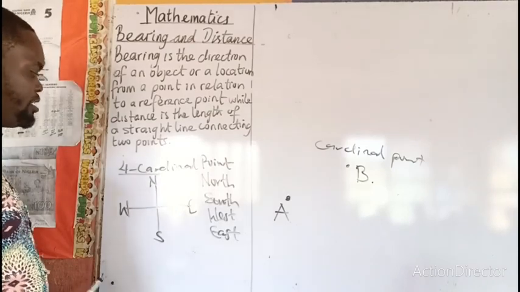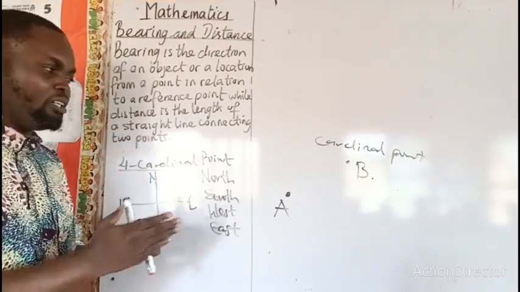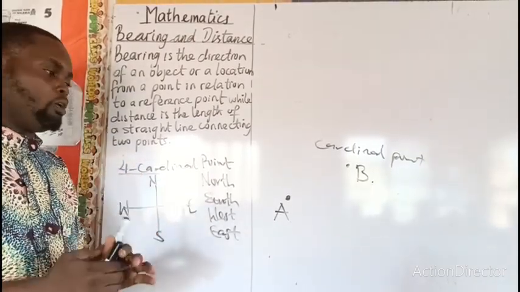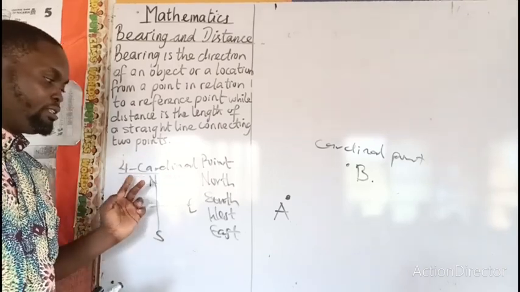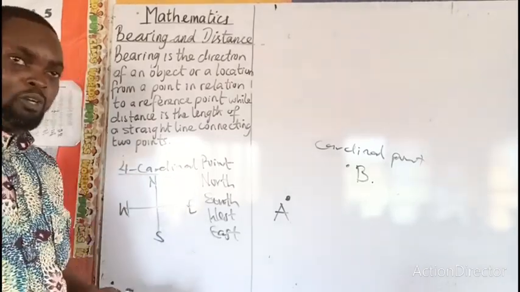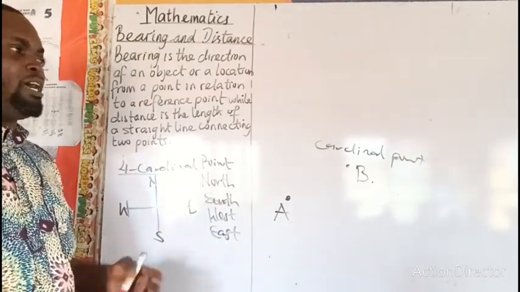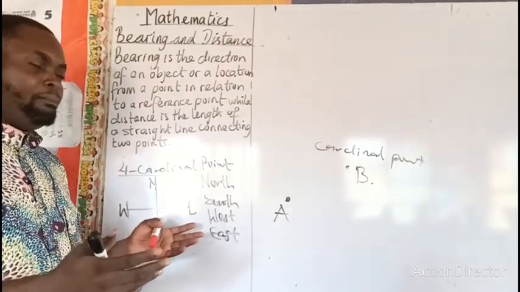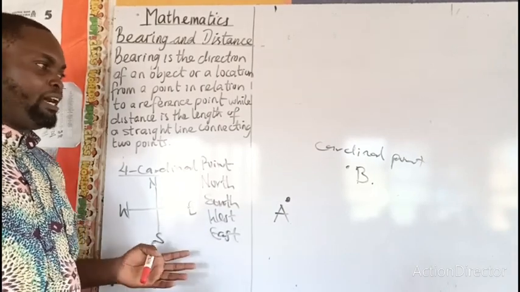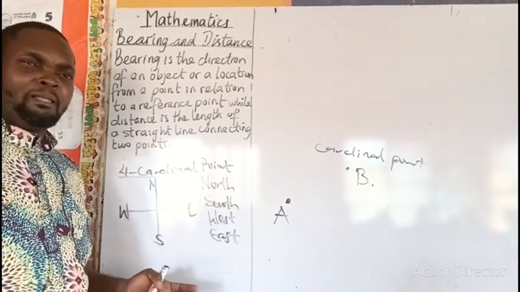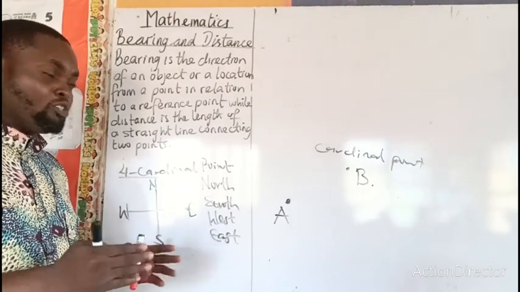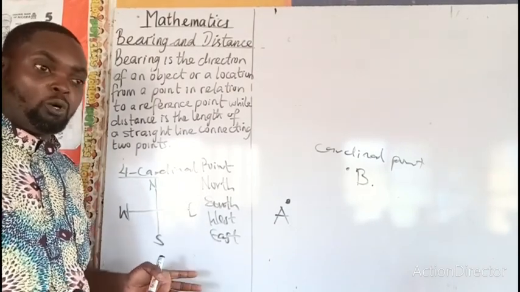Just like 4 cardinal points, depending on how accurate we want the position to be, we also have 8 cardinal points, 16 cardinal points, 32 cardinal points, and 64 cardinal points. For example, pilots, those that are flying a plane or helicopter, make use of bearing to know where they are going.